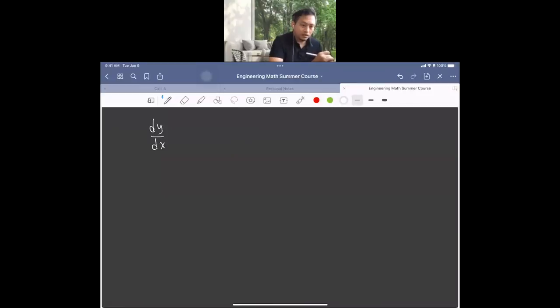dy/dx plus y, let's just say it's equal to f of x, just a general f of x. And then the initial value is y of 0 equals 0. And then f of x can be piecewise. So we can also have this type of function.